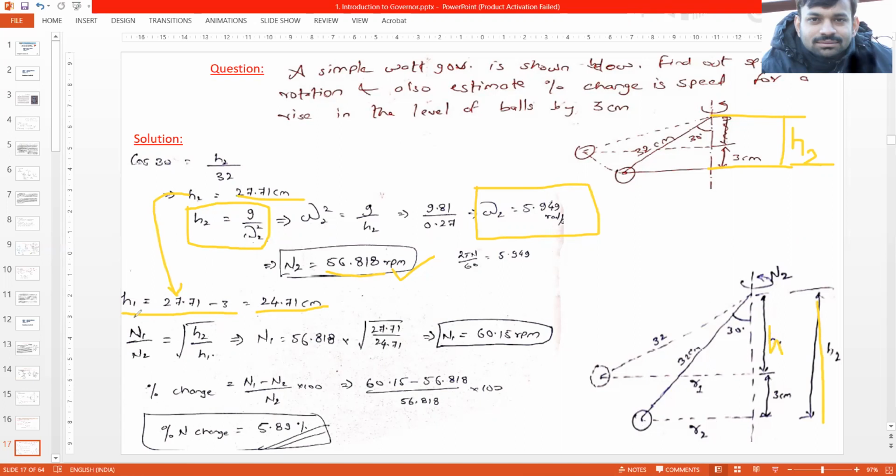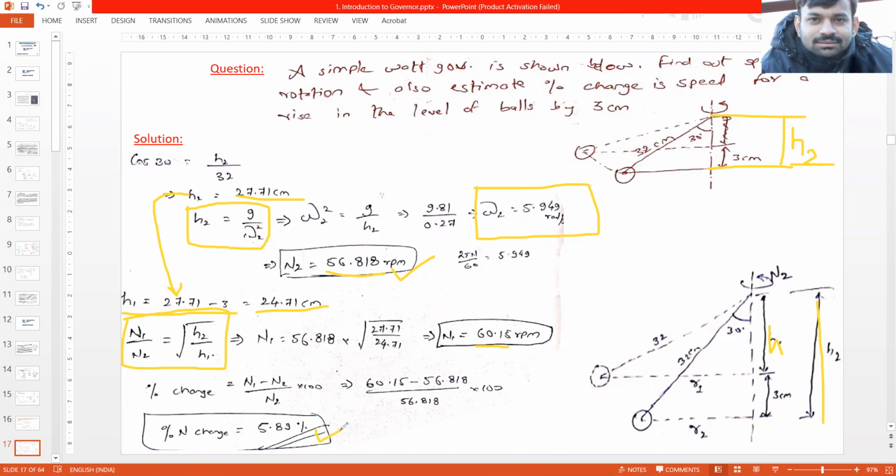We can use this relation directly, that n1 upon n2 is equal to under root h2 upon h1. So n1 comes out to be 60.15 rpm. And percentage change would be initial minus final divided by the final, so it comes out to be 5.89 percent.